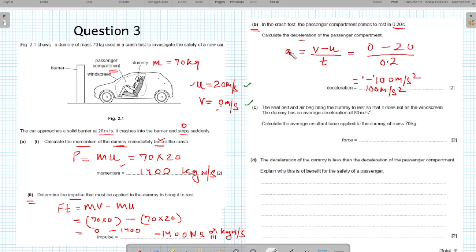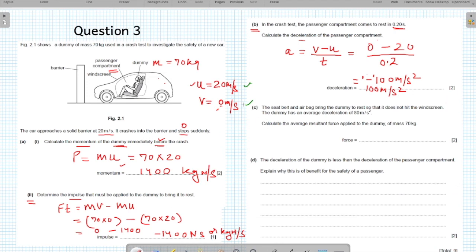When the acceleration comes out as a negative number, and if you want to change the name to deceleration, you get rid of the negative sign. Acceleration is minus 100, so deceleration is positive 100 meters per second square. So go to my video on acceleration and deceleration. The video name is Acceleration, to understand this topic completely.